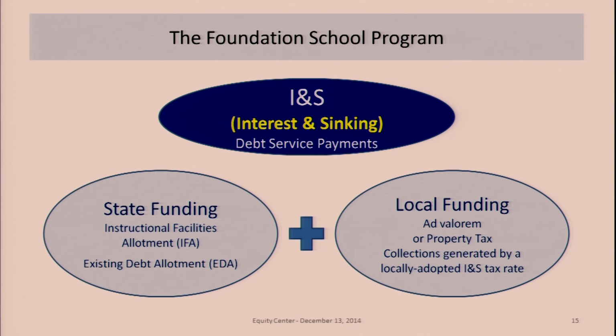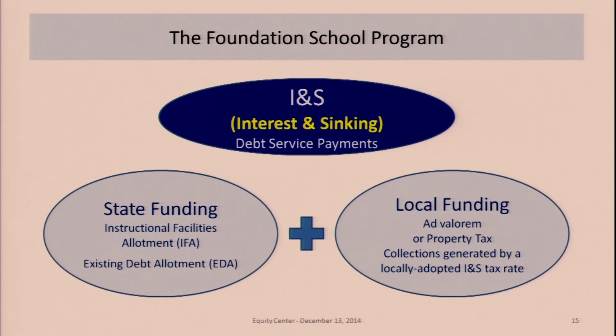And there are 2 programs the state has to provide funding for facilities. One of them is Instructional Facilities Allotment, IFA, and the other one is Existing Debt Allotment, EDA. And those are for low-wealth districts in order to guarantee that they would have sufficient revenue to do their I&S debt service payments.